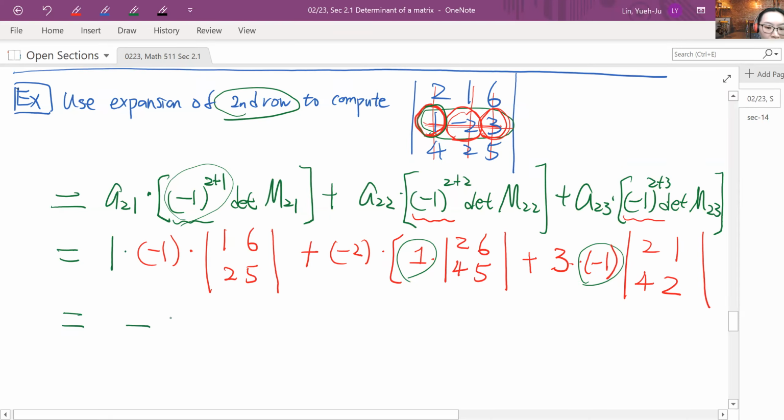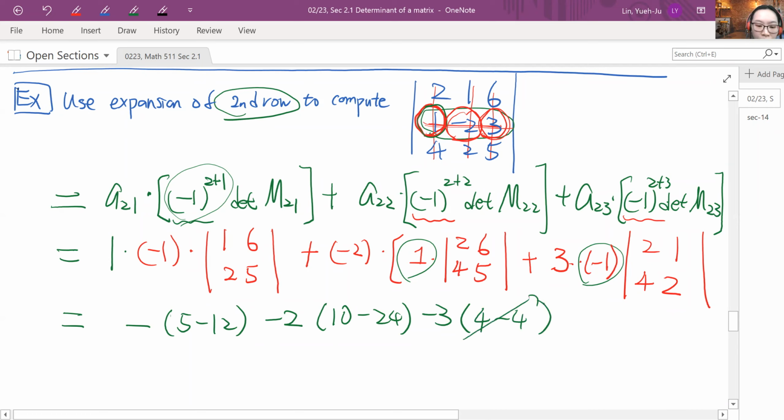So I have minus 5 minus 12 here, minus 2 times 10 minus 24, minus 3 times 4 minus 4, that's a 0. So this is 0. 7 and plus 28. So that's 35, right?